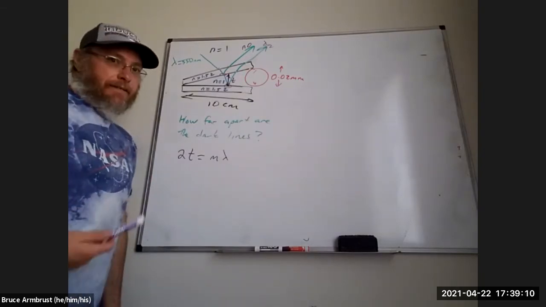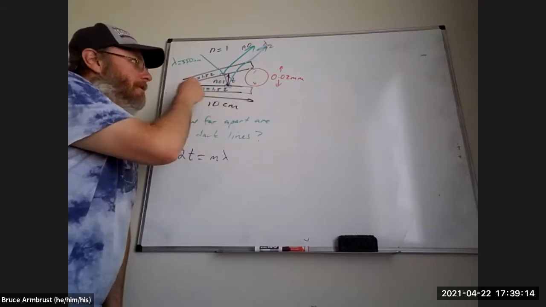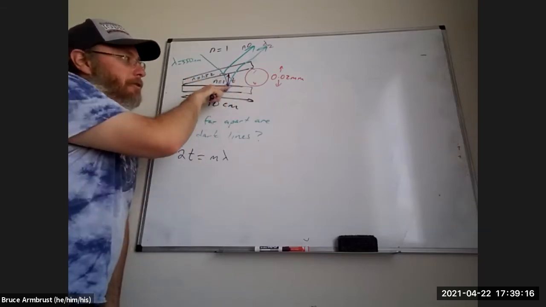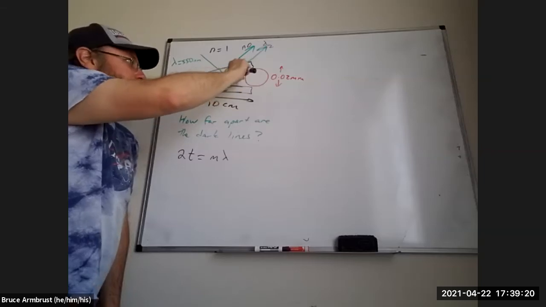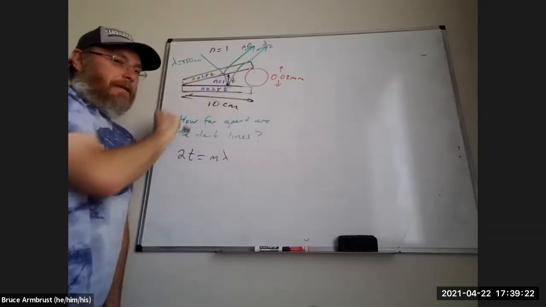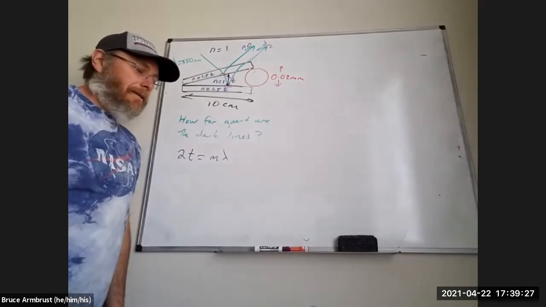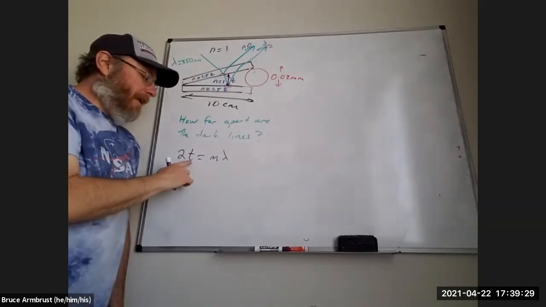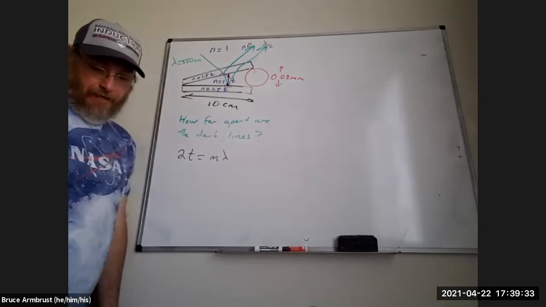And that thickness is going to change. That extra distance is going to change depending upon where we are, right? The closer we get out here to this hair follicle, the greater t is, and the closer we get to where the plates come together, the smaller it is. So that t isn't constant. But whatever that t is, it does have to equal some multiple of the wavelength.